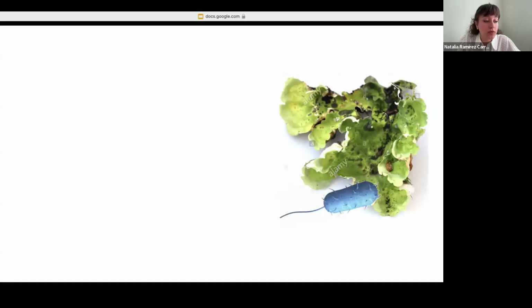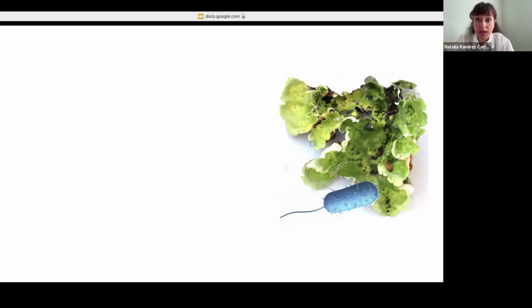And that was also the case for my PhD. I was looking for a possible new source of contamination, which we determined it is not, because the amount that we could find on lichens was really low. But we found out that this bacterium could also be found on lichens. And that gave us a lot of information about the requirements, because lichens were previously thought to be too dry for these bacteria to live on them.